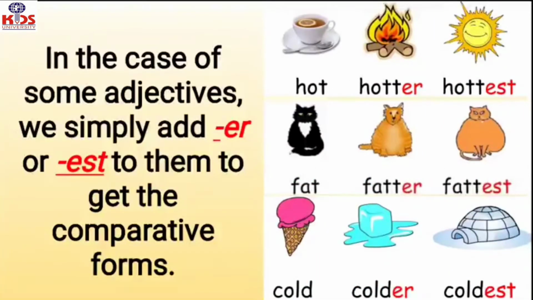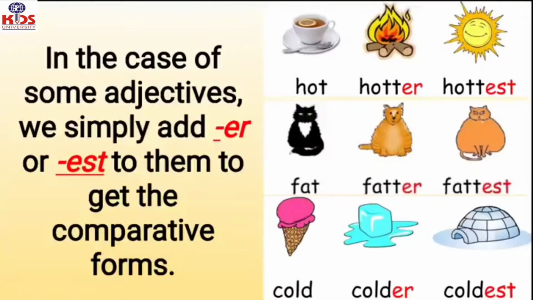Do you know, in case of some adjectives, we simply add er in its first comparative form and est in its second comparative form. For example, the first comparative form of hot is hotter, and the second comparative form of hot is hottest.